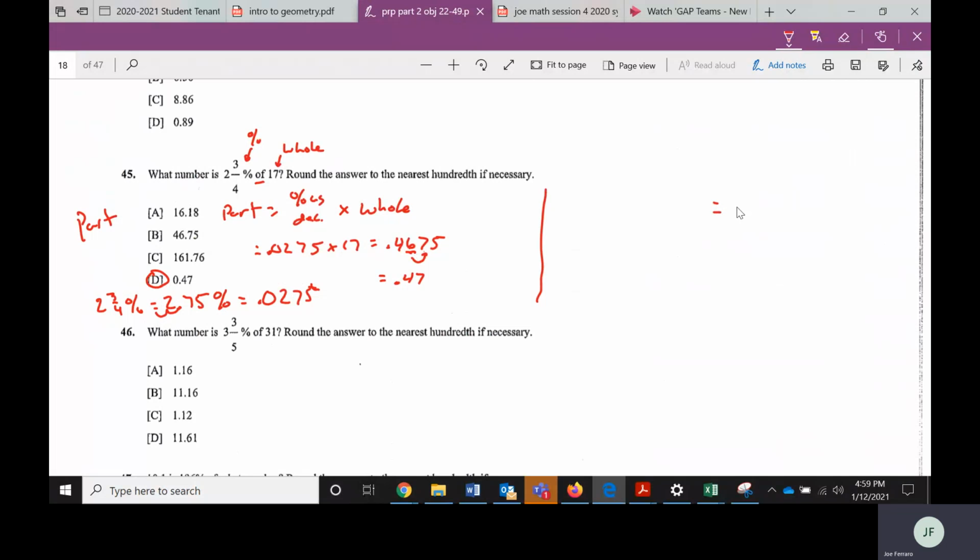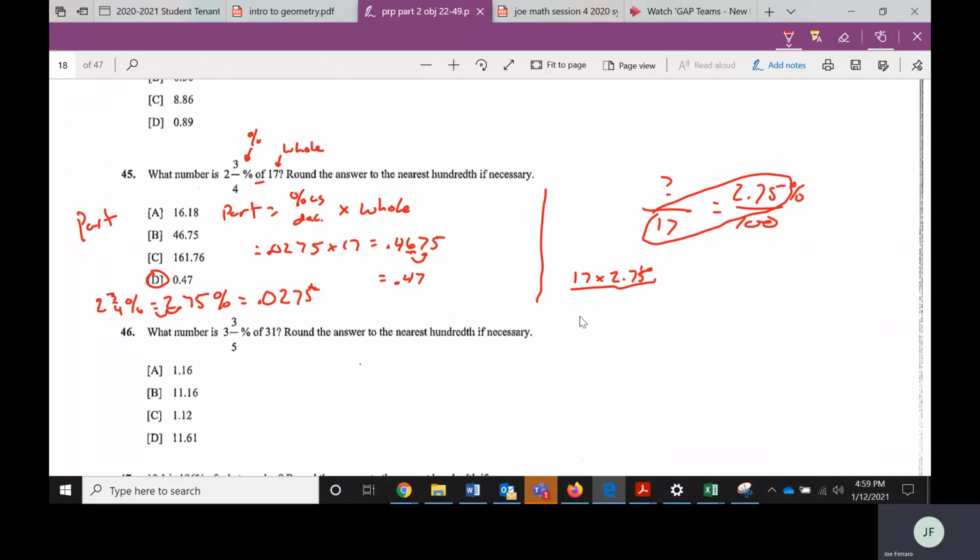Okay. Again, last method, you'd have 2.75 as the percent. 17 is the whole. We don't know the part. So we take the diagonal two numbers, so 17 times 2.75. Remember, we don't change this to smaller.